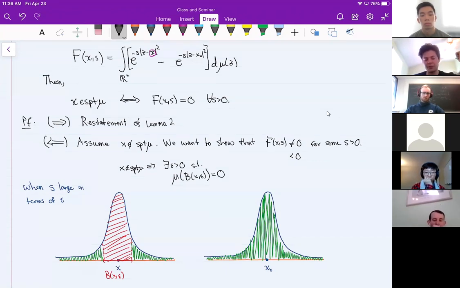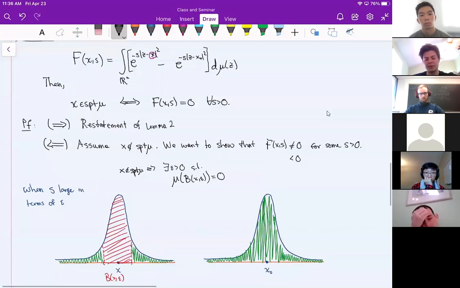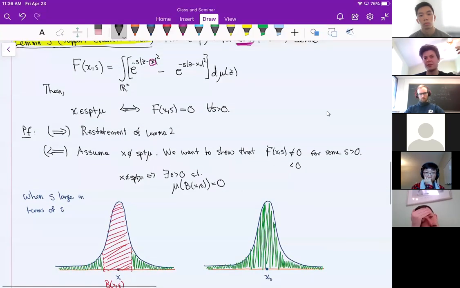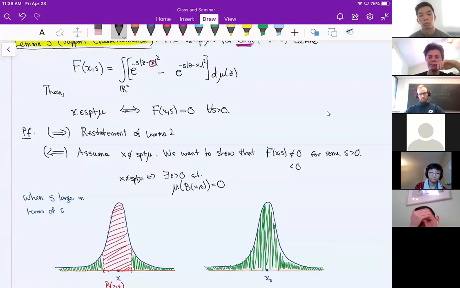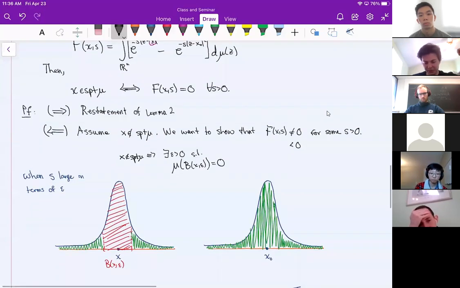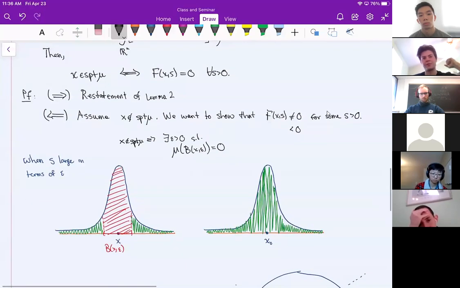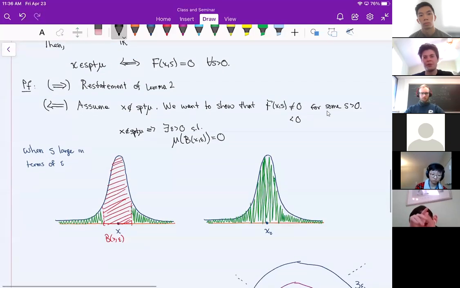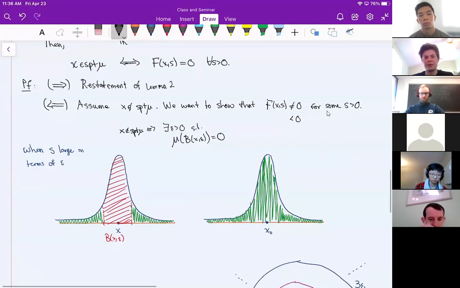Eventually, if I take s large enough, this picture is true and the integral on the right is greater than the integral on the left, so f of x comma s is going to be less than 0 for large s. That's an intuitive picture of what is happening.